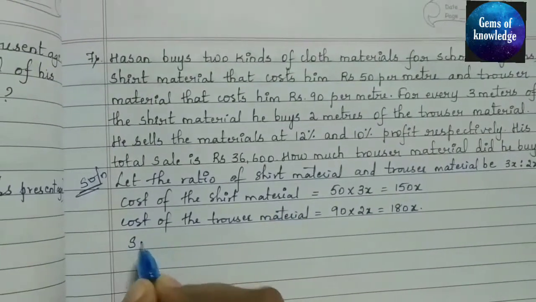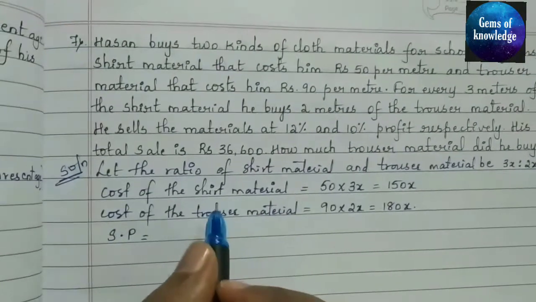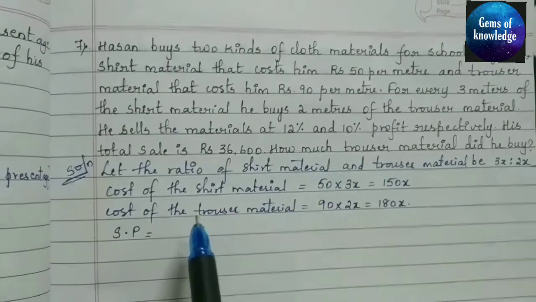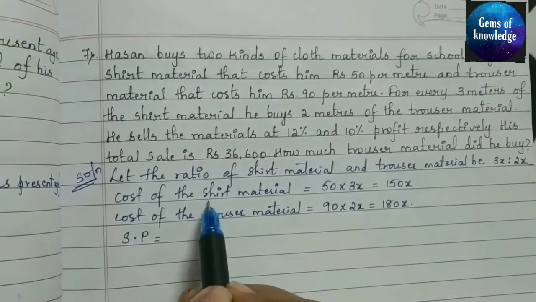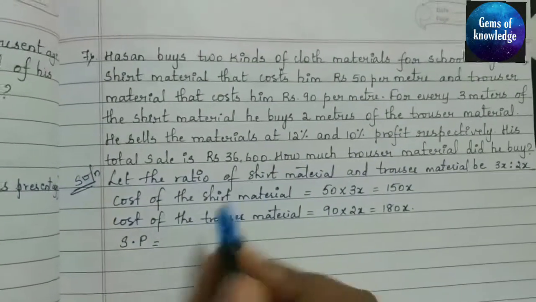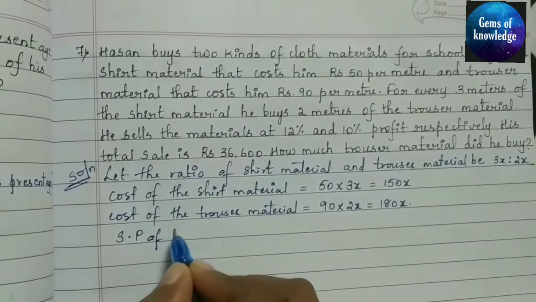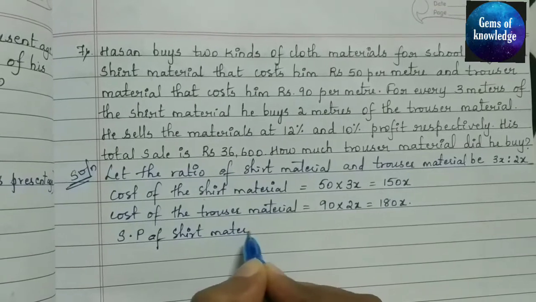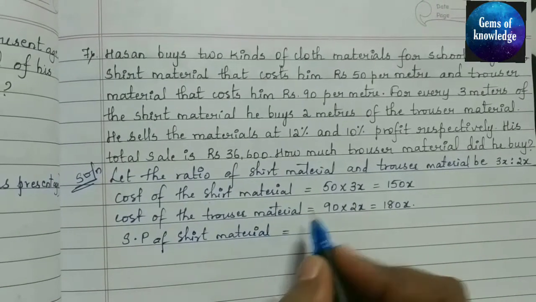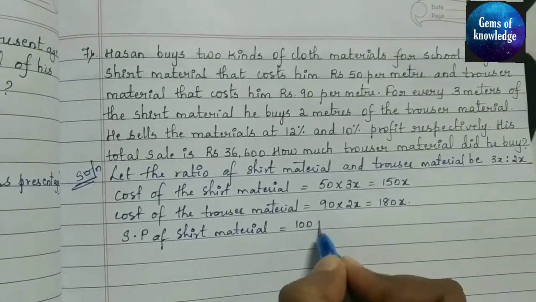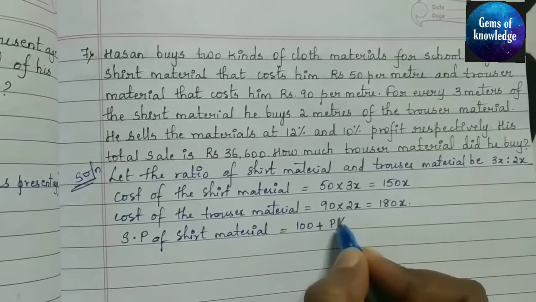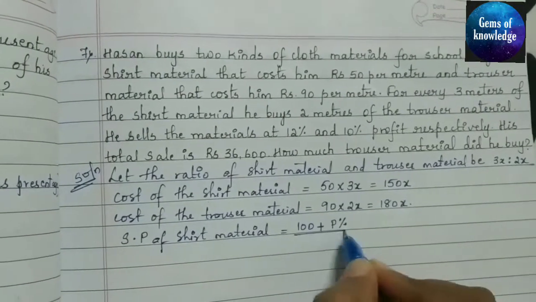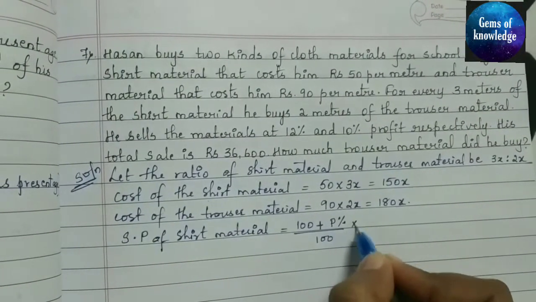Now it is given as selling price. Let us see the selling price of this shirt material as well as the trouser material. Now selling price of shirt material will be, the formula to find the selling price will be 100 plus P percentage, profit percentage, divided by 100 into cost price.